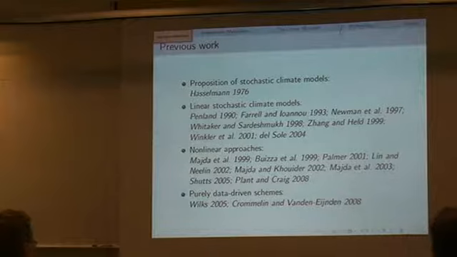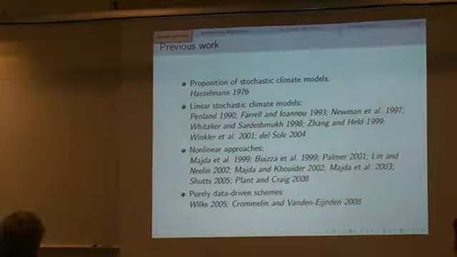These are the purely data-driven schemes, purely empirical schemes, where you really start from a data set, and then without any physical reasoning, you just build up a closure model from statistics, empirically. There has been a paper by Wilks, and recently by Crommelin and Vanden-Eijnden. And my work is very much in line with these authors. So I'm talking about purely data-driven schemes.